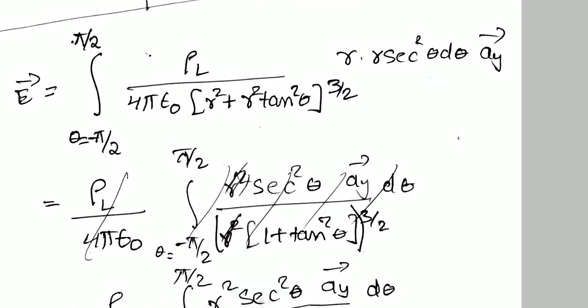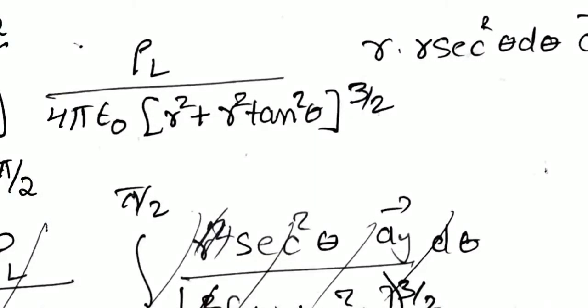In order to calculate, we can take r square as common. If I take r square as common, it becomes 1 plus tan square theta, and 1 plus tan square theta is nothing but secant square theta.